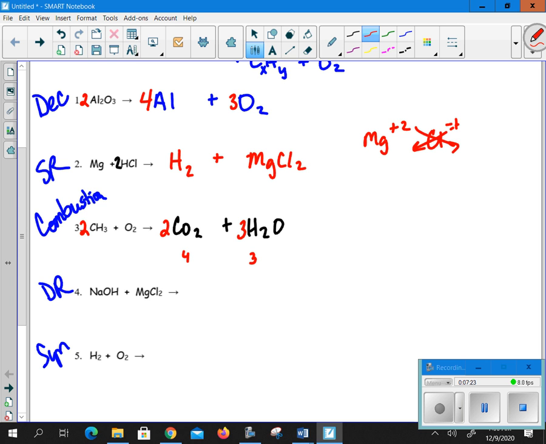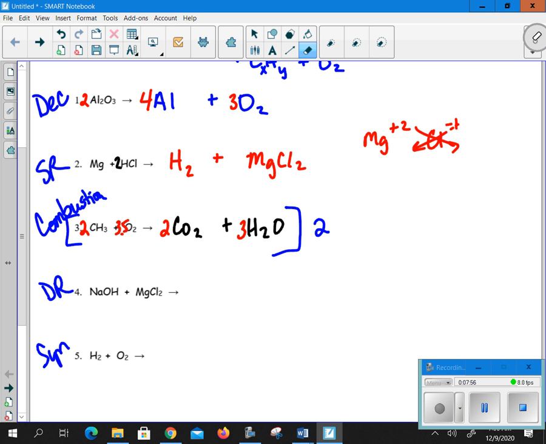Well, then we have to think about what times 2 will give me 7. Well, the only thing that will give me 7 will be 3.5. Well, I can't do decimal numbers as coefficients. If that happens, what you need to do is go to the beginning of the equation and multiply everything times 2. So all the current coefficients you have right now, multiply them all by 2.